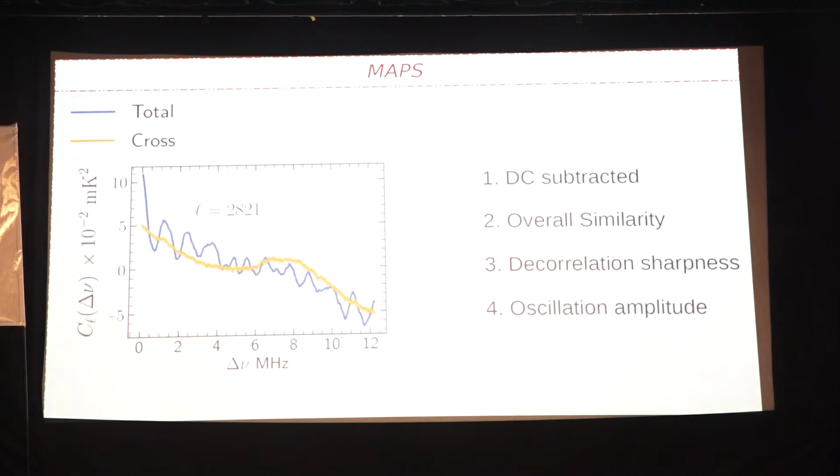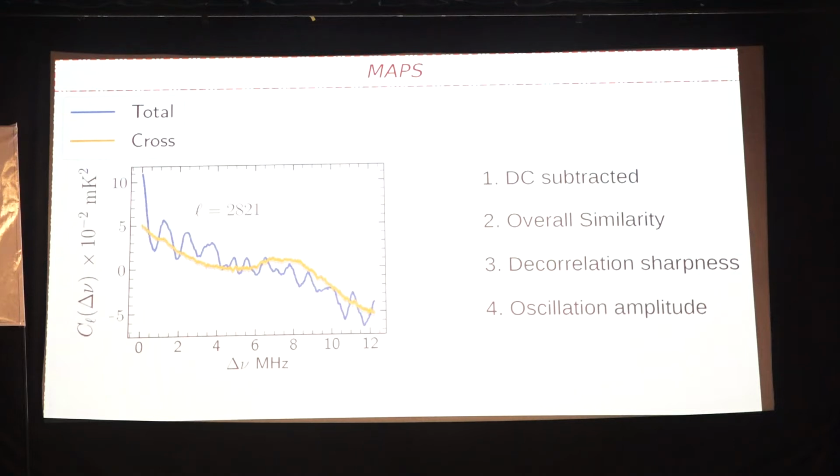We find this difference, and I shall describe what the implication of this is in the power spectrum also. The third thing we notice is that the blue curves have much larger oscillation amplitudes as compared to the yellow, where the oscillations are much smaller and pretty consistent with the noise, which is shown in these dashed lines.